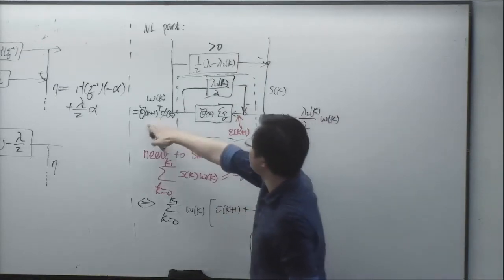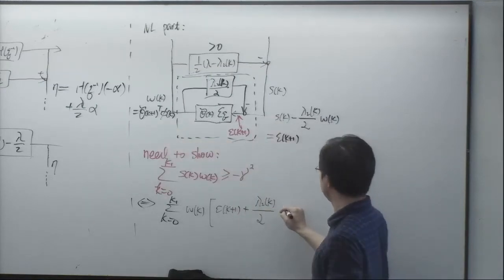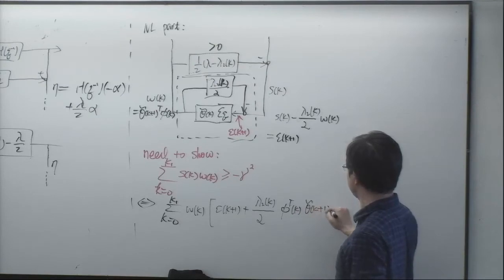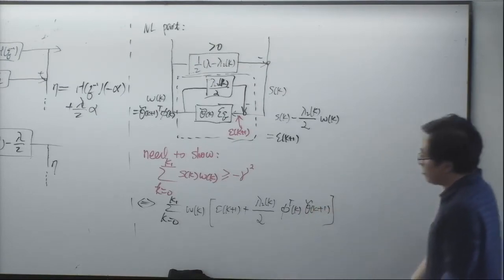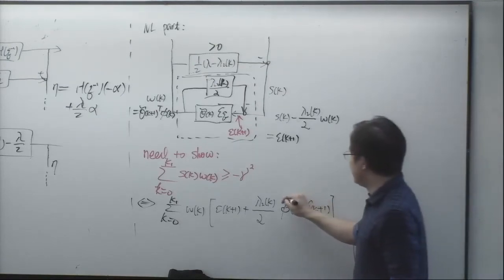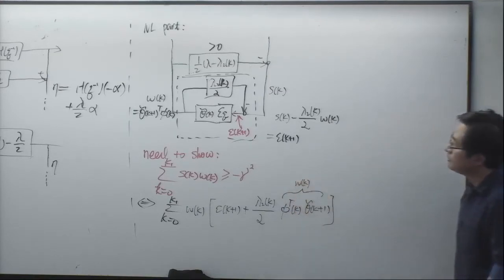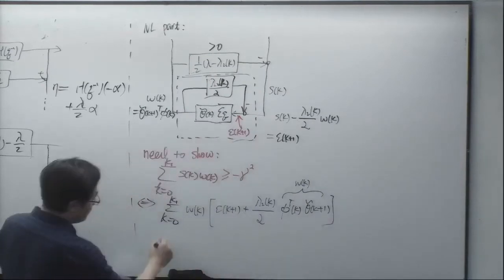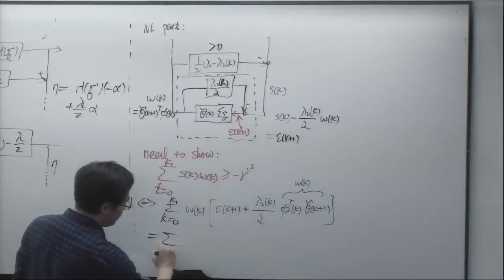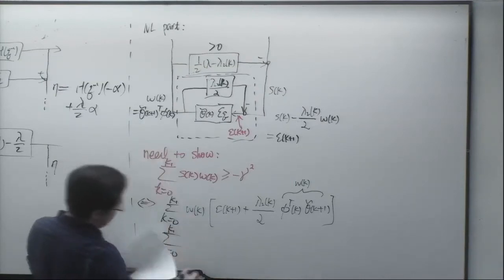Wk equals here, so I'm going to put it in now to write the regressor vector in the front. This is Wk. All right, so this also equals, we can make it a little bit more explicit. Put Wk inside.